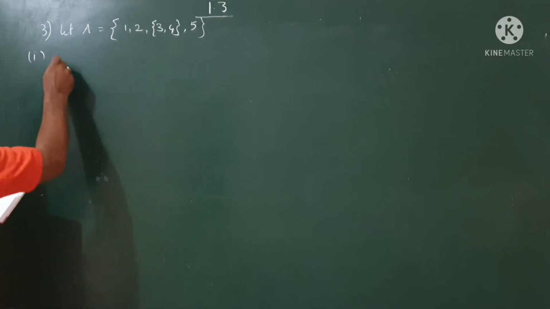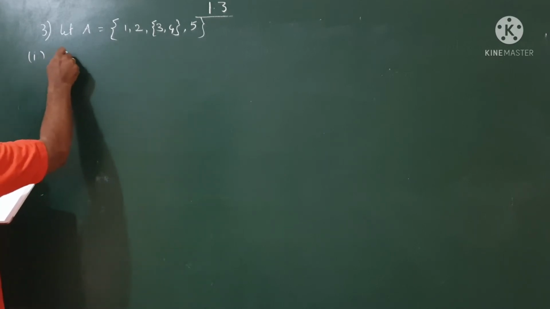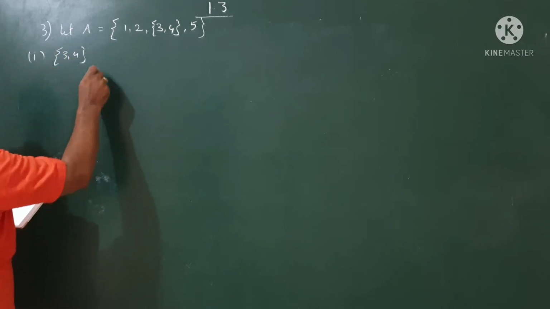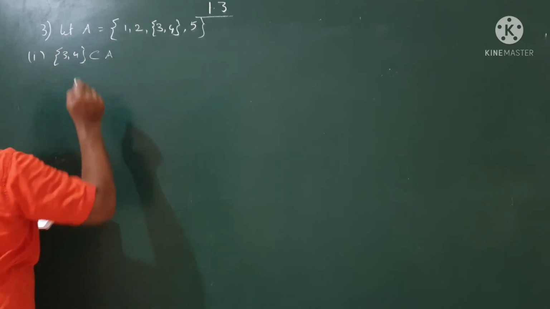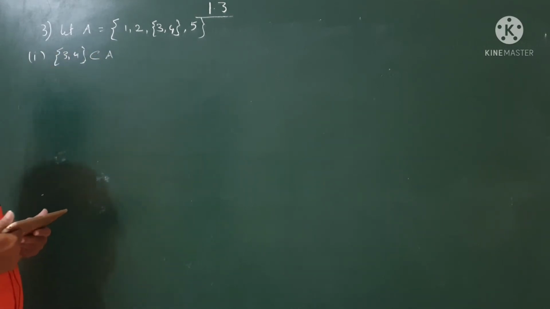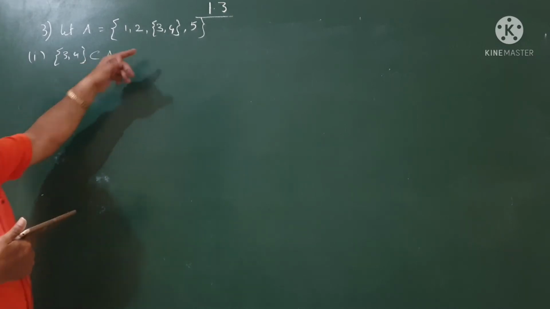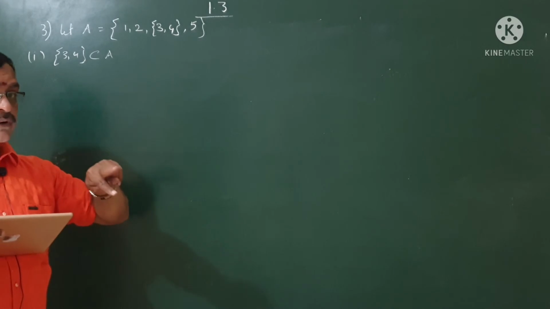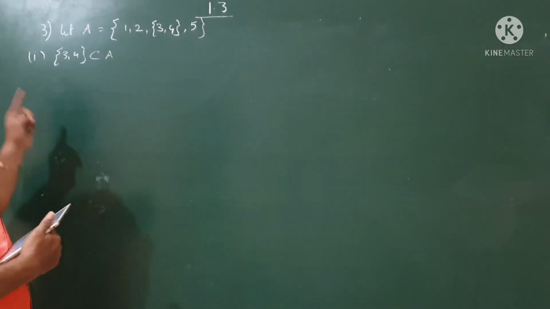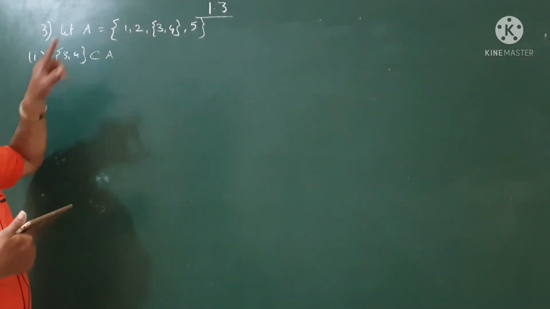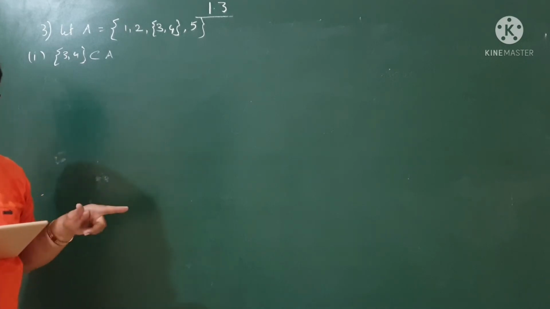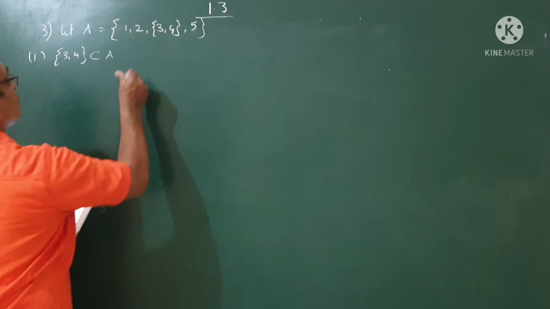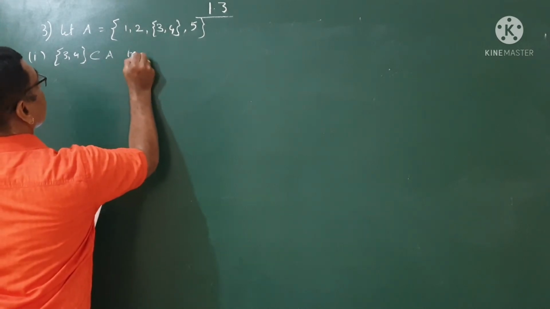Question number 1. {3, 4} is a subset of A. If you observe carefully, this {3, 4}, the two elements within the braces, is an element of A. So an element cannot be a subset of a set. Therefore, this is incorrect. Why?